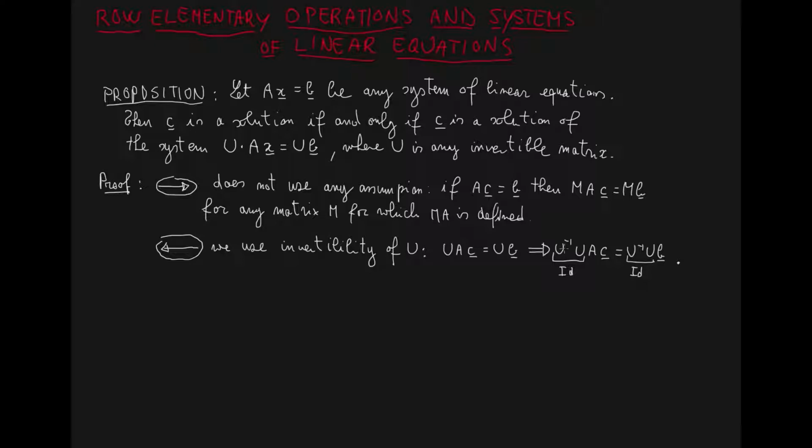By definition of U inverse, the left-hand side has U inverse times U, which is the identity matrix, and the same on the right-hand side. Therefore, we get the identity matrix times Ac, which is Ac, equals the identity matrix times b, which is b.